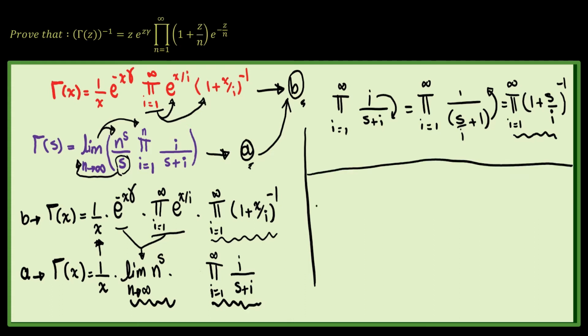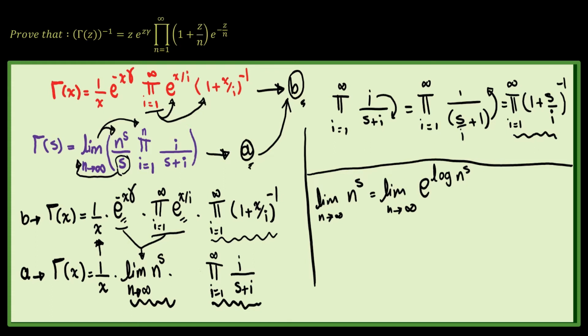Let's write limit n approaches infinity of n raised to s. We have two exponential functions, so we will put the exponential function in this part by writing e raised to log n to the s, as the log can go with the e and we return to the same thing.